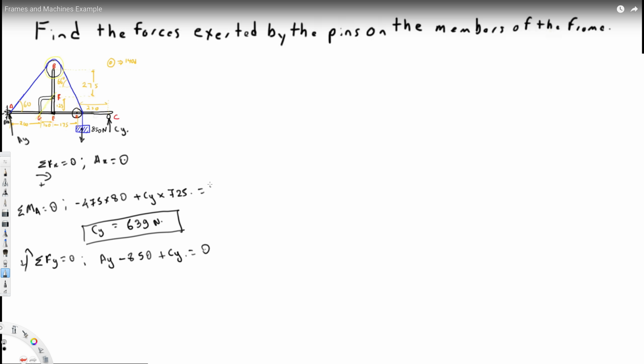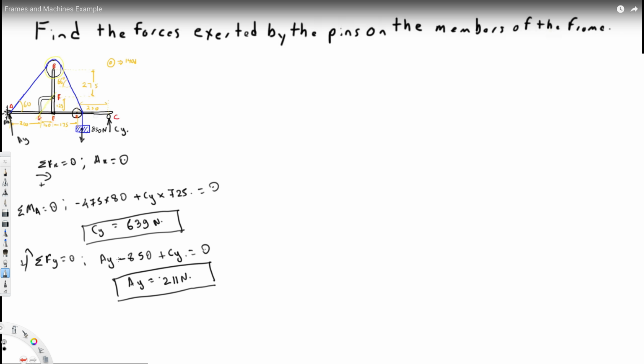We know CY already, so we can solve for AY. If I solve for AY, I will get 211 kilonewton. So these are the values we can find from the outside.